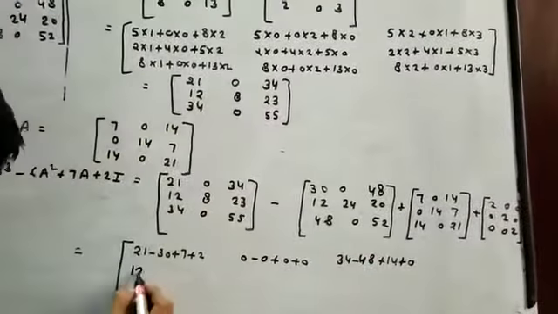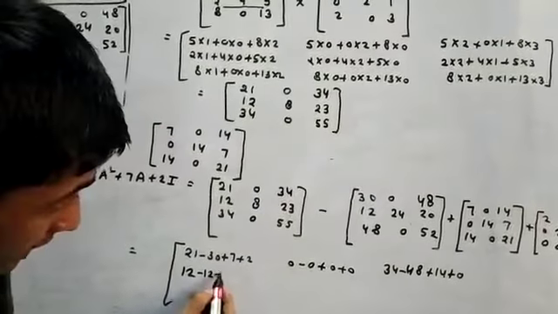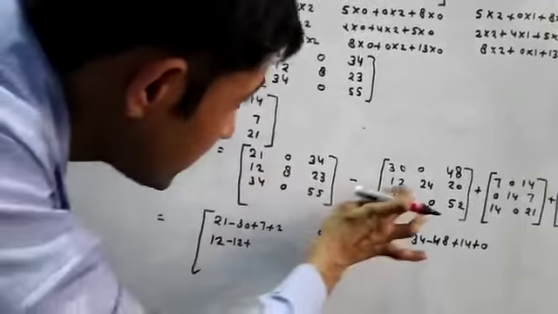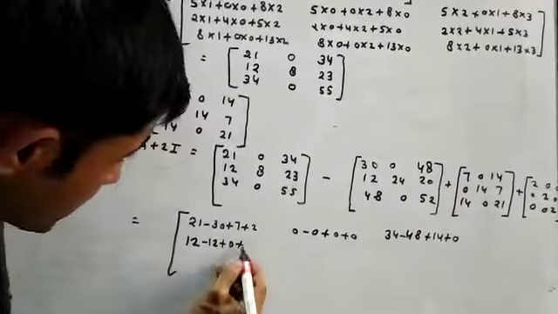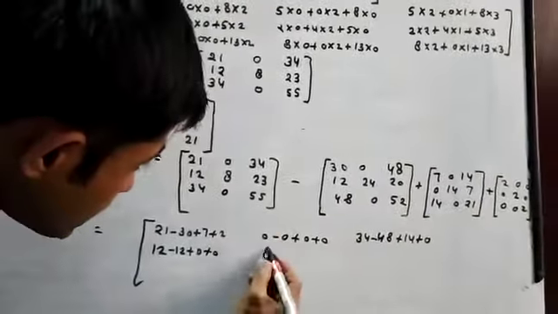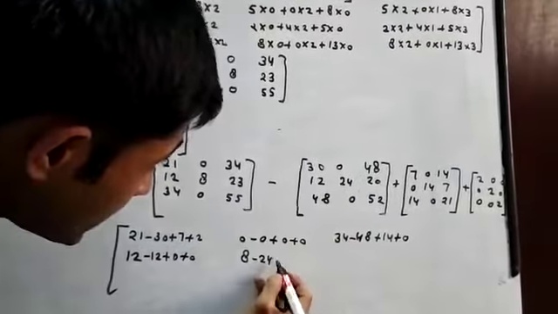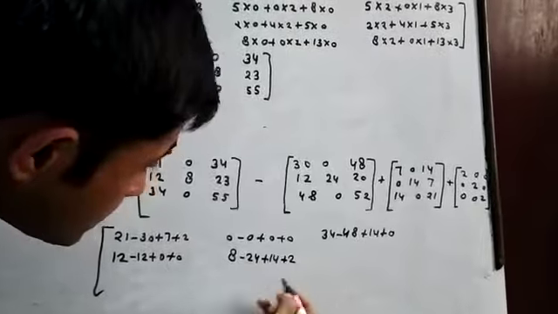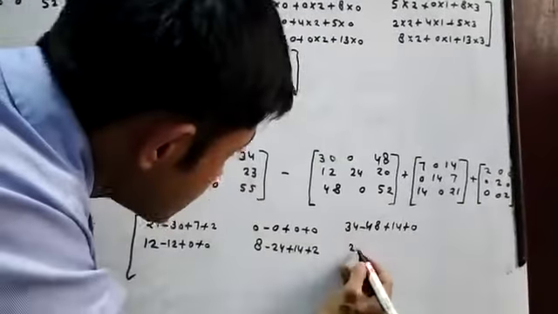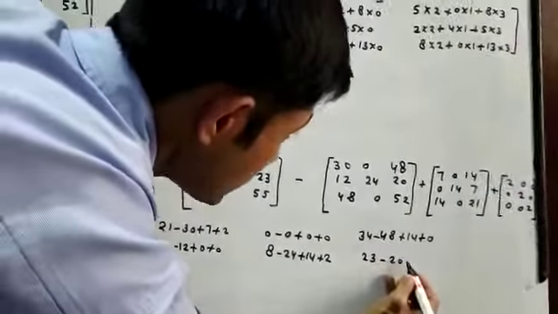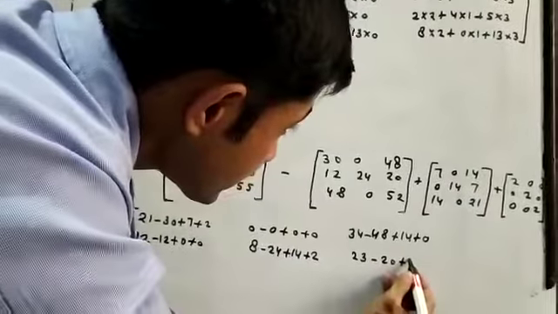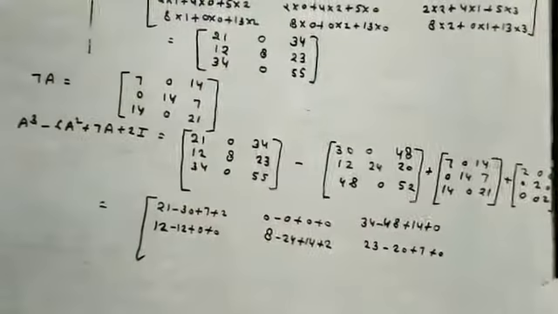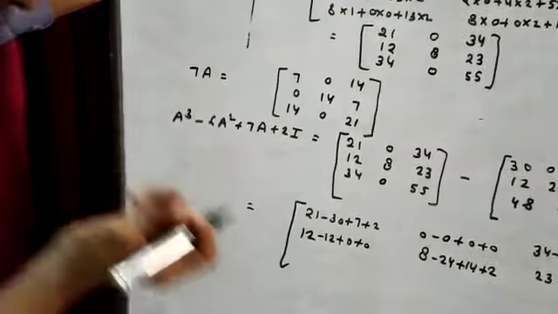Now second, 12 minus 12 plus 0 plus 0, same as 8 minus 24 plus 14 plus 2. Last one is 23 minus 20 plus 7 plus 0.